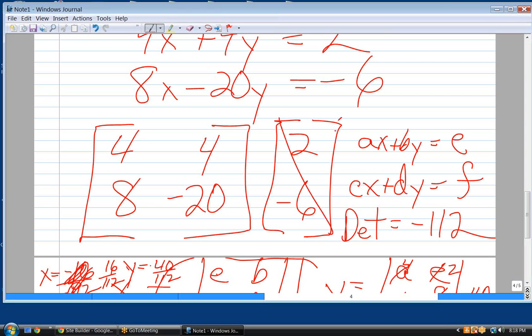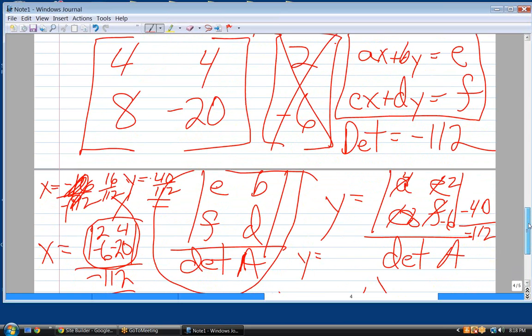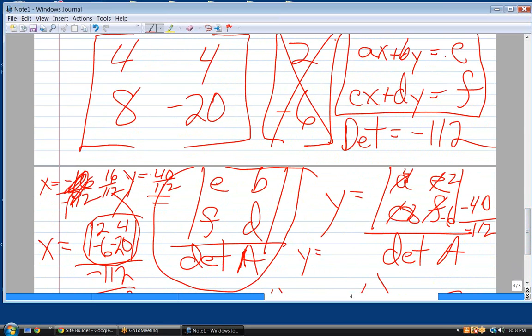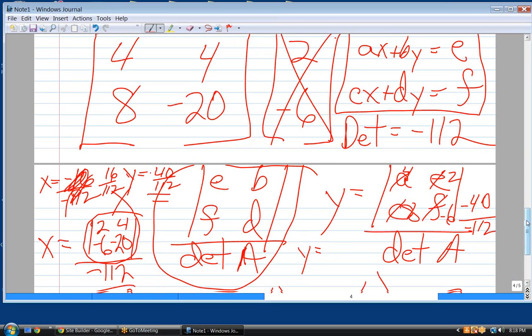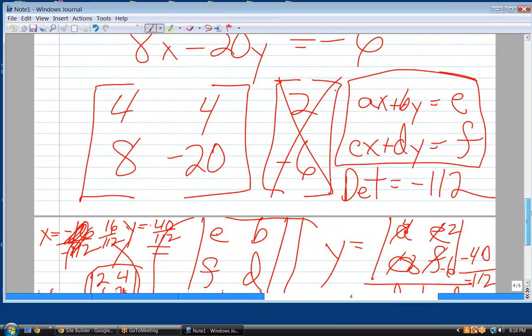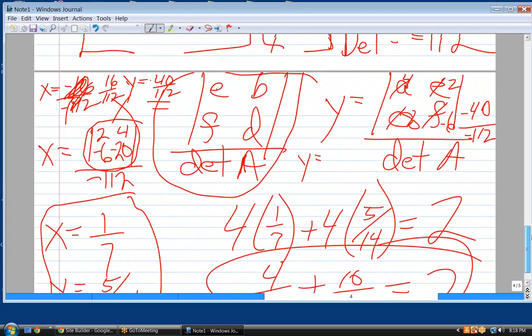I didn't do this part. If you're going to use Cramer's rule, you don't apply this part here. And here is my two equations. So that's where I get the A, B, E, C, D, and F from. And I don't know a simple way to memorize those. You just, I guess, got to memorize them.